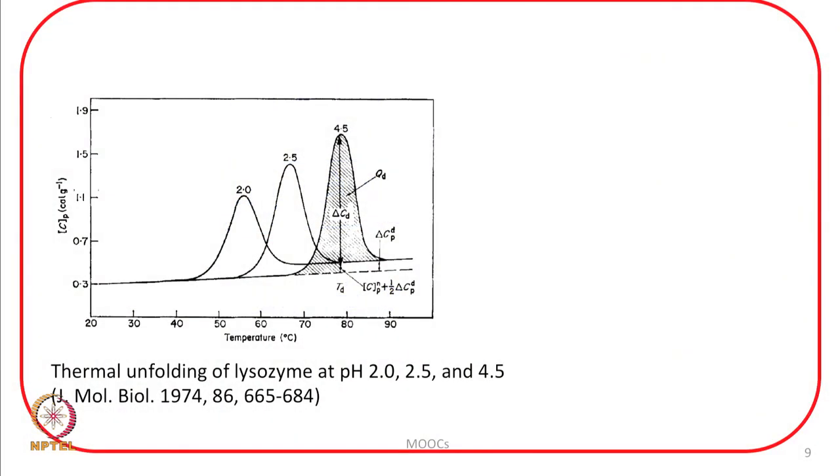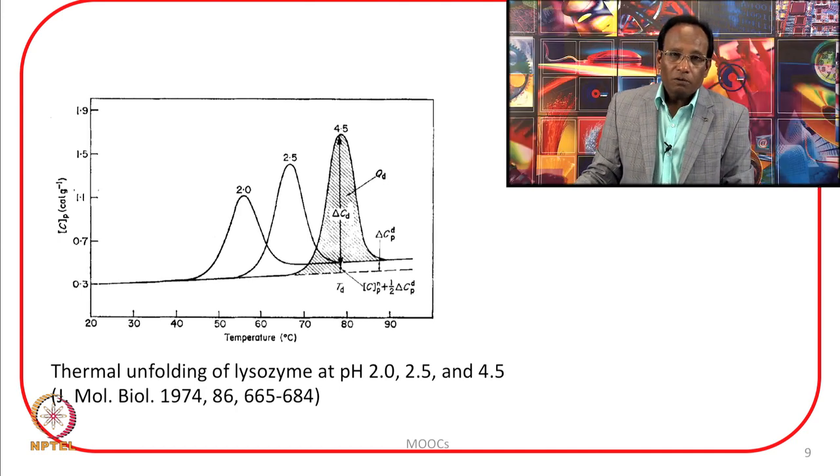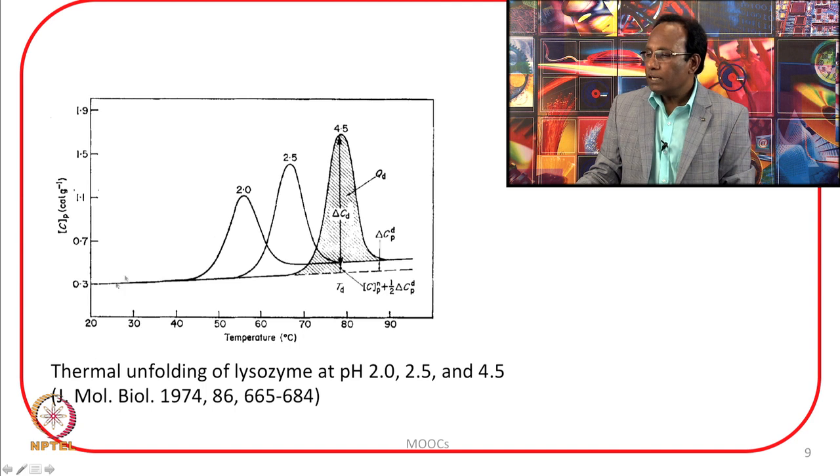In addition to commenting upon the extent of oligomerization increasing or decreasing with change in concentration of the protein, let us see what else we can get when we change the pH. We just discussed in the beginning of this lecture that the pH may affect the conformational stability of a protein.